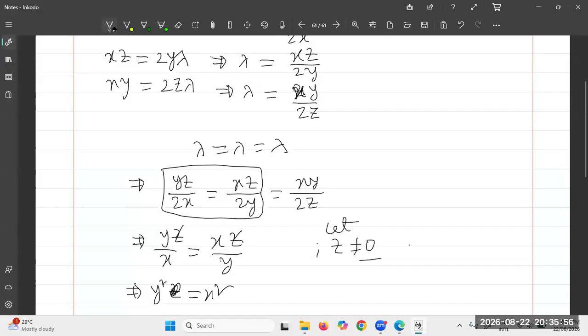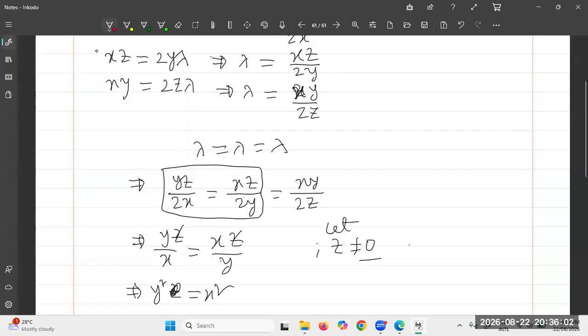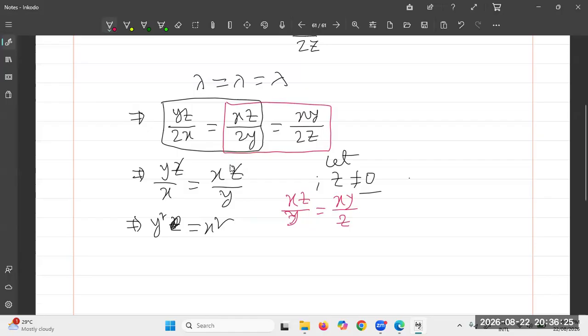Now taking another two ratios, you can take any two. So taking these two ratios, we can cancel x quantities. So xz divided by y is equal to xy divided by z. After cancelling x from both sides, we can write z square is equal to x square. In this case, the condition is that x must not be 0.